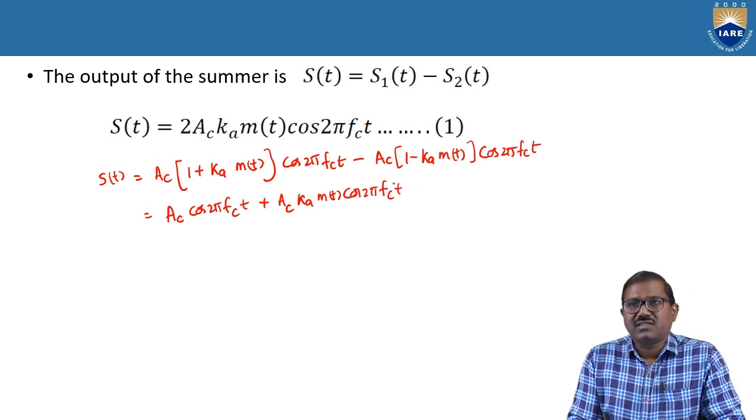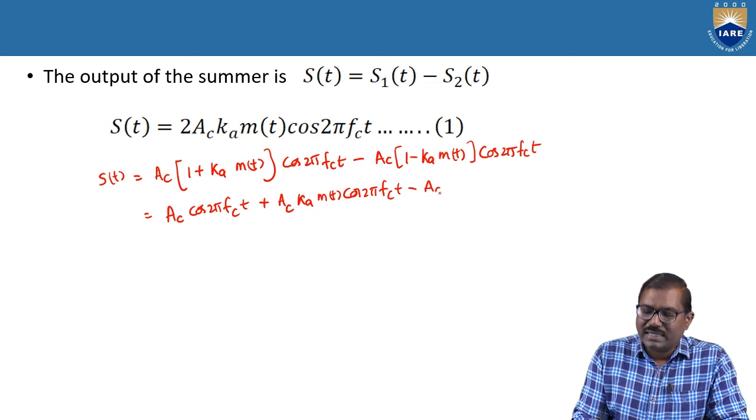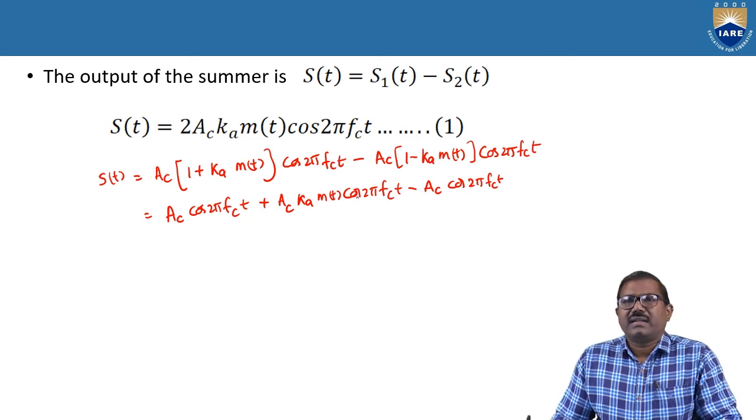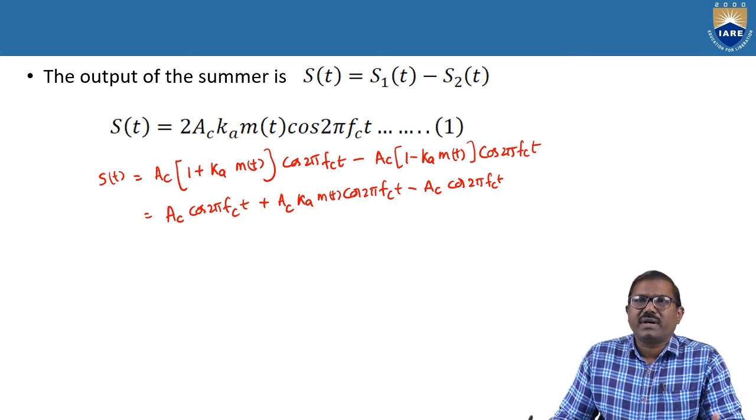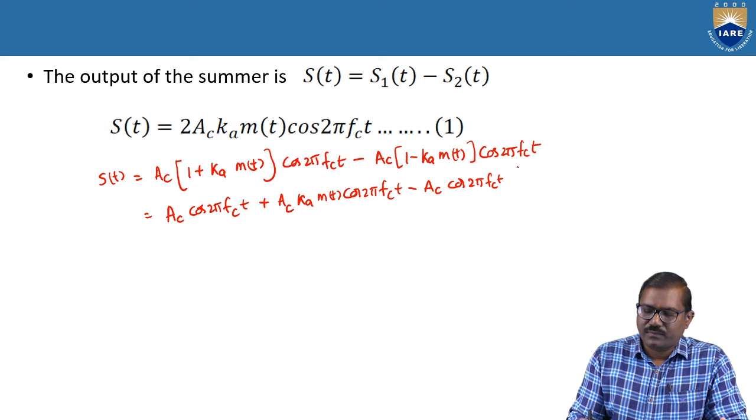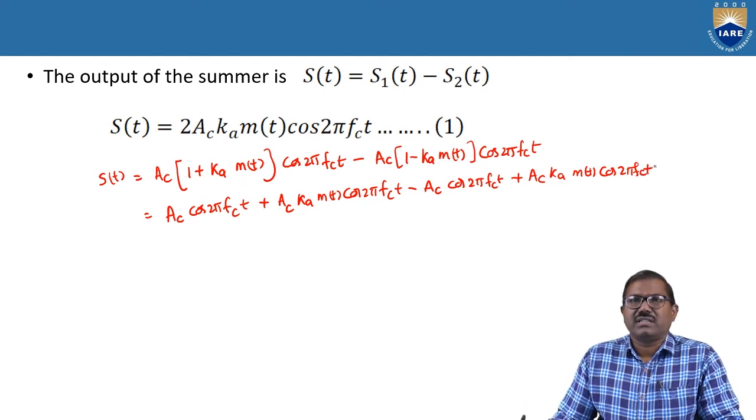Again here the minus sign is there, so minus Ac cos 2 pi fct, and in the inner bracket again minus, so minus of minus is plus, so plus Ac Ka m of t cos 2 pi fct.